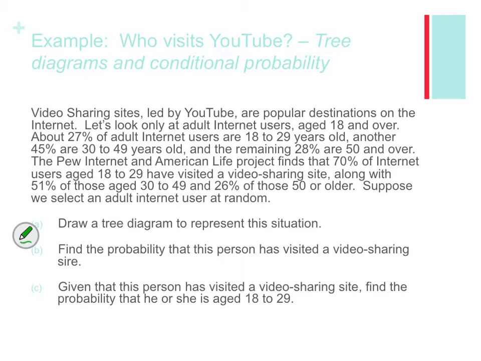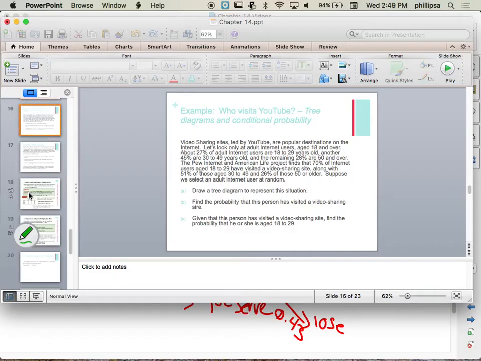The Pew Internet and American Life Project finds that 70% of internet users aged 18 to 29 have visited a video sharing site, along with 51% of those aged 30 to 49 and 26% of those aged 50 or older. Suppose we select an adult internet user at random. First we'll show a tree diagram, and then we'll find some probabilities, with the last one being a conditional probability, given that this person, so that's how we know it's conditional.